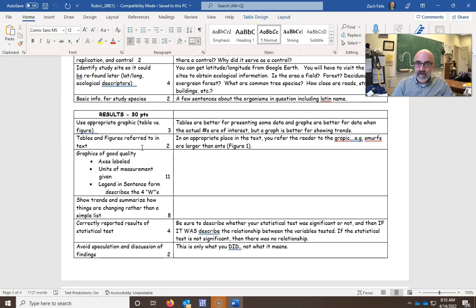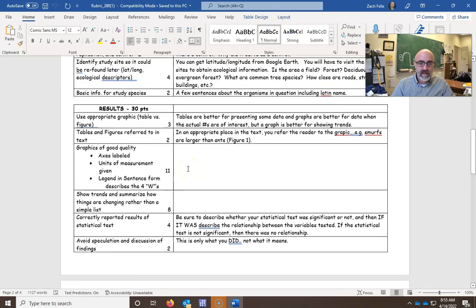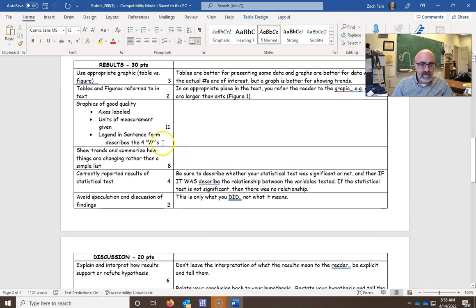And what kind of graph are you going to use? Right? You've got bar graphs and line graphs and scatter plots. Put some thought into which one of those is going to display the answer to that question more effectively. Label your axes. Give me your unit of measurements. Right? Give me the legend in sentence form.